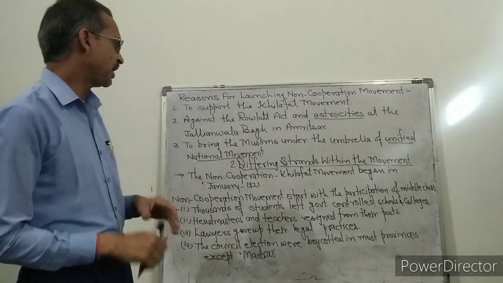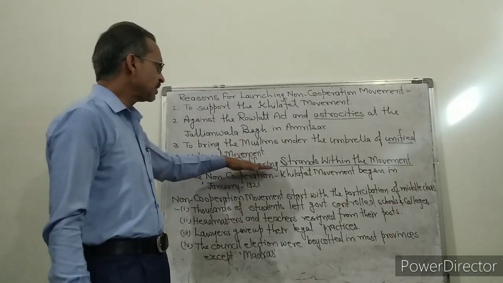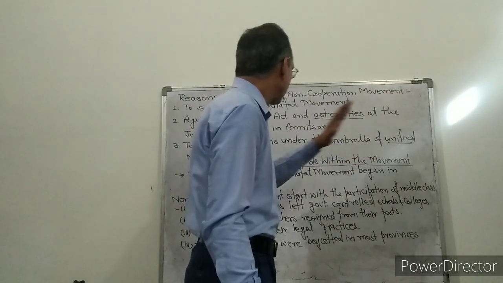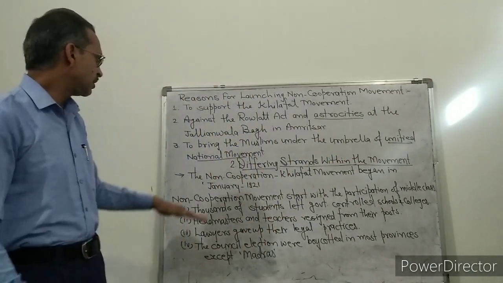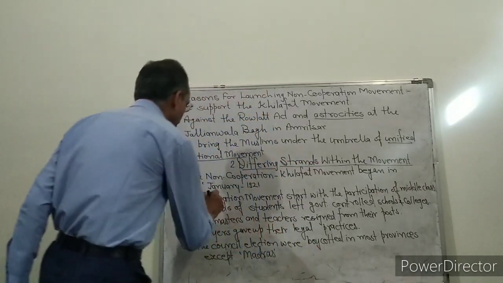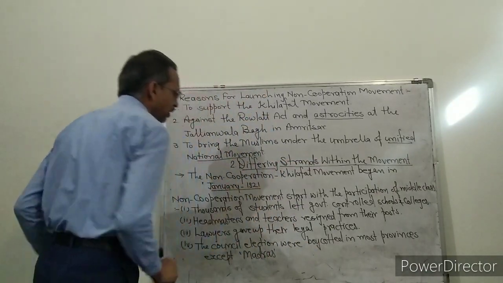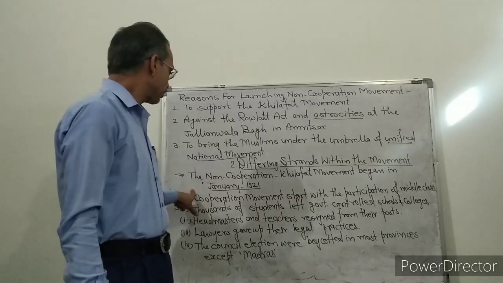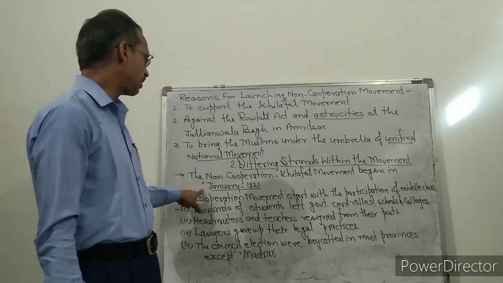Now the next topic is differing strands within the movements. The non-cooperation Khilafat movement began in January 1921. Very important thing, you must learn it. Remember the date.